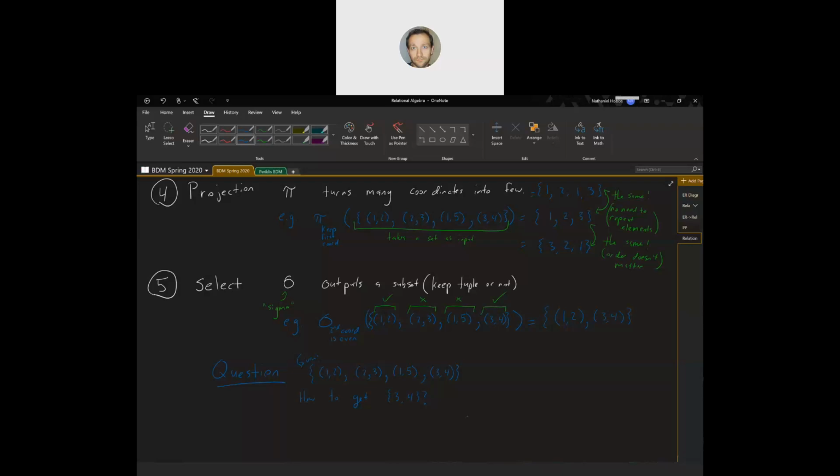Okay, so I'll just start answering some of these. Jamie said later, never mind, I think. Yeah, ignore my answer. Matthew: pi, keep second coordinate if x is between 3 and 4.